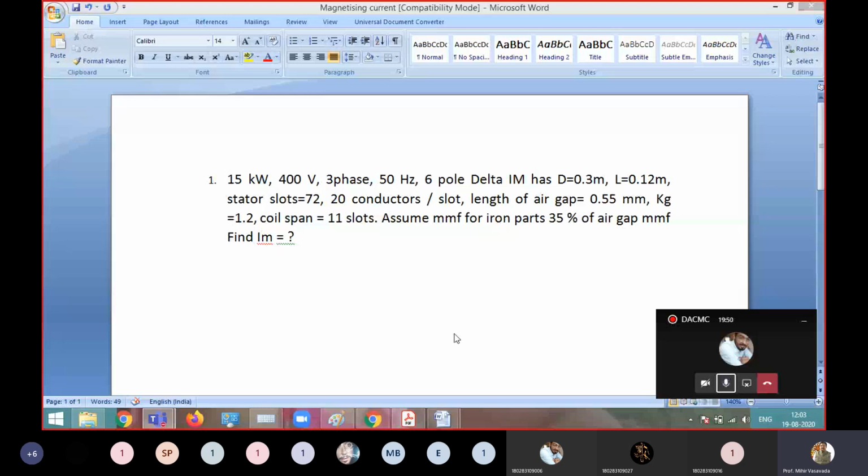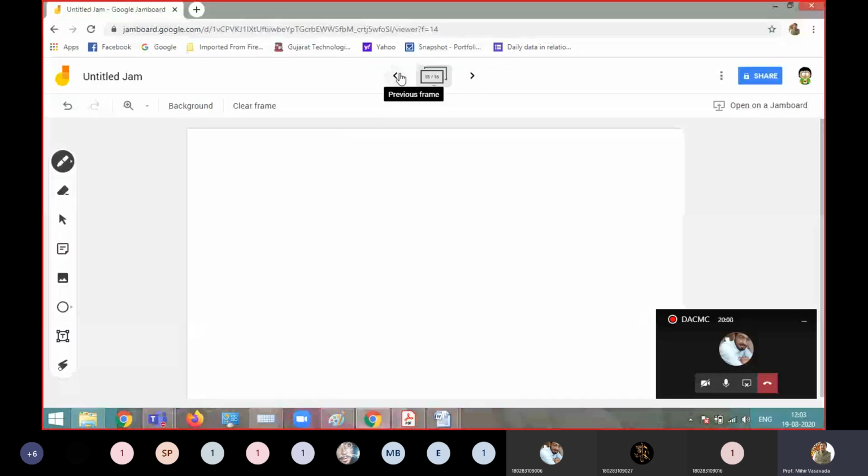Those who have completed copying the data, the first task is to find out the stator winding factor, KWS. Right. That you are supposed to find out.